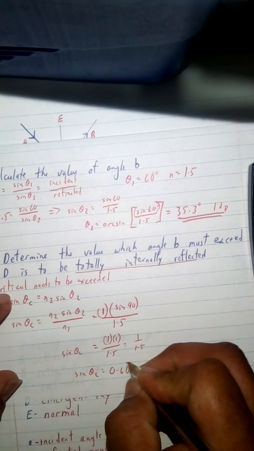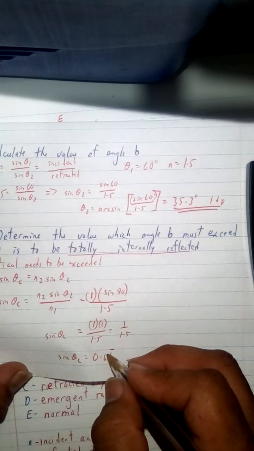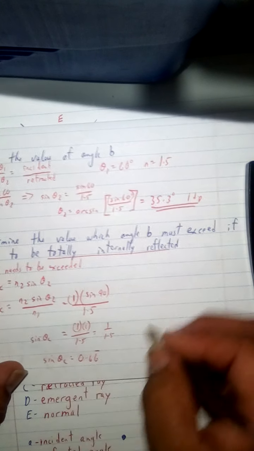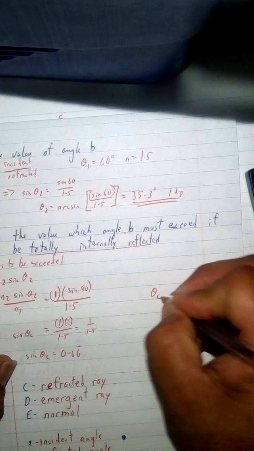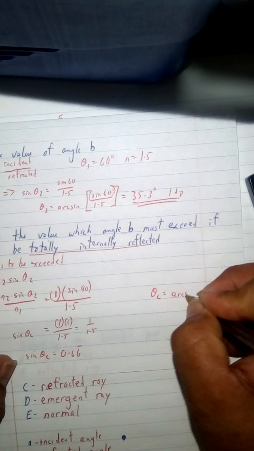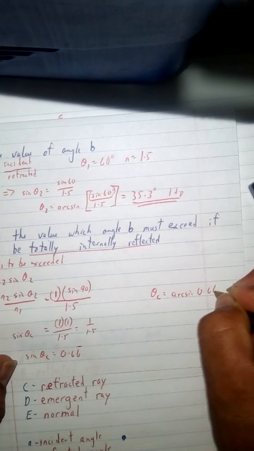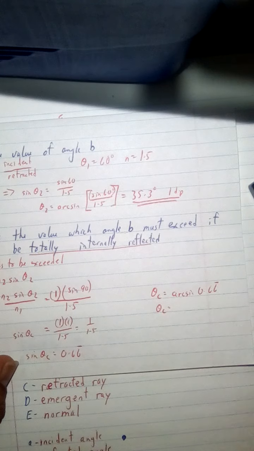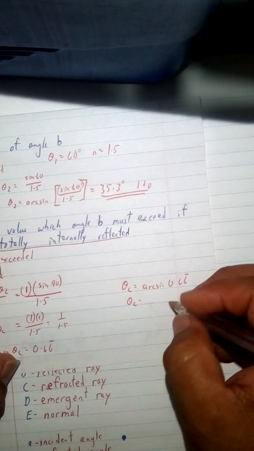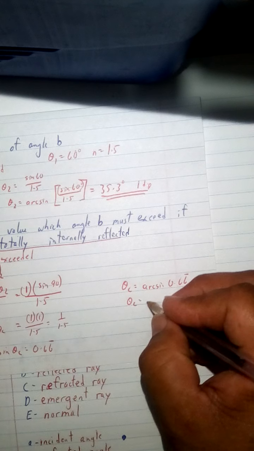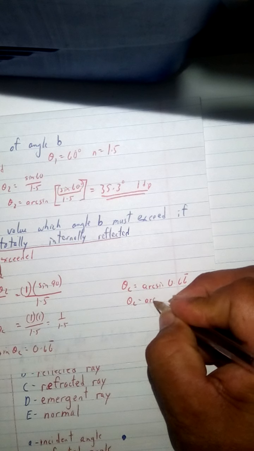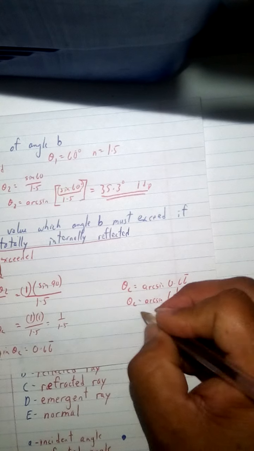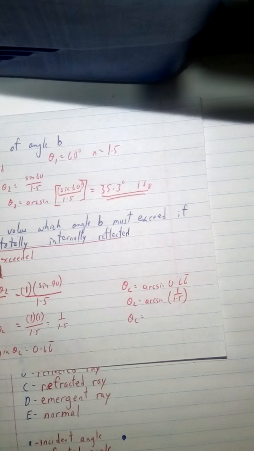Now take note, this is not the critical angle, this is the ratio, so we have to find the inverse. So the critical angle is arc sine 0.66 recurring. I prefer to use my calculator to do all this calculation and do one conversion. Arc sine of 1 over 1.5 is going to give you a much more accurate value.